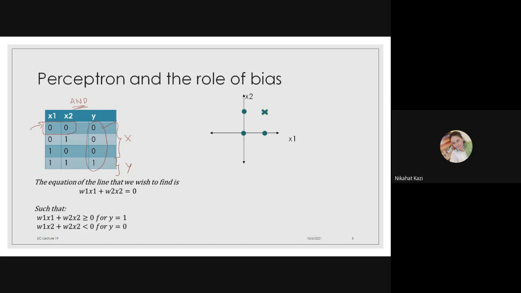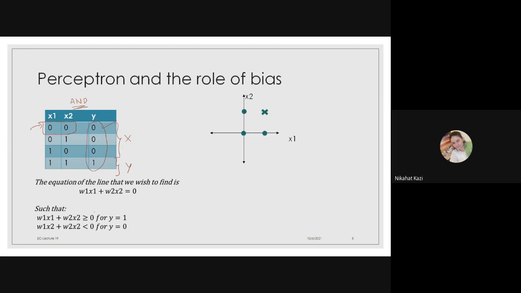So there is no intercept in this particular line. There is no intercept term, right? So using this line, if I try to solve this problem, I will not be able to solve this problem.